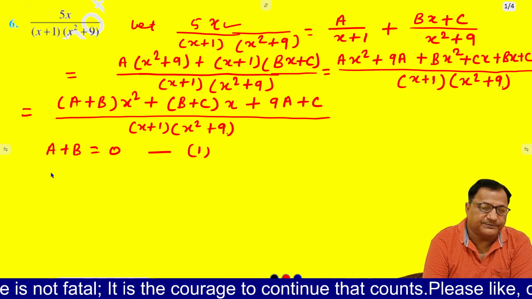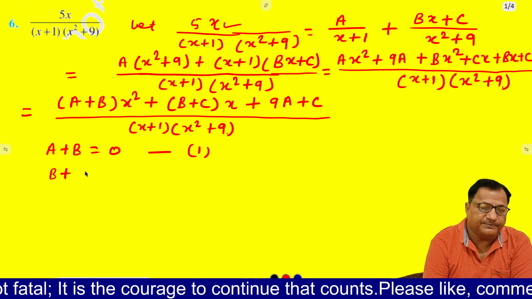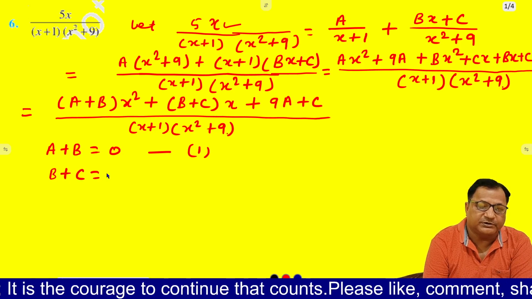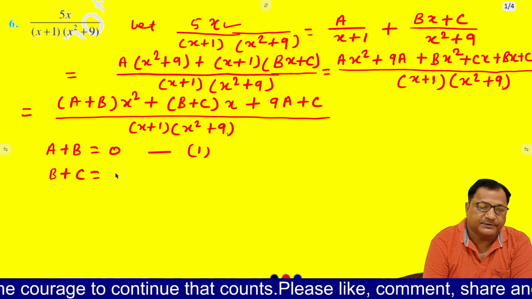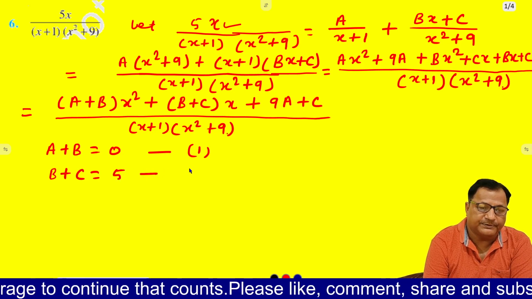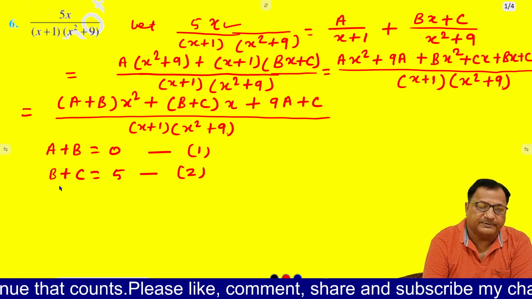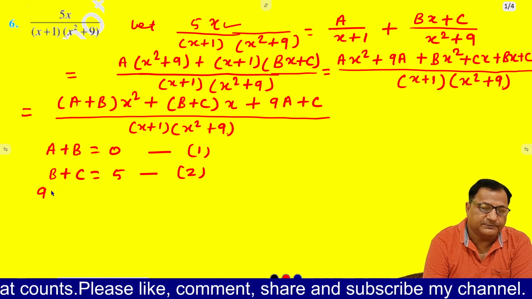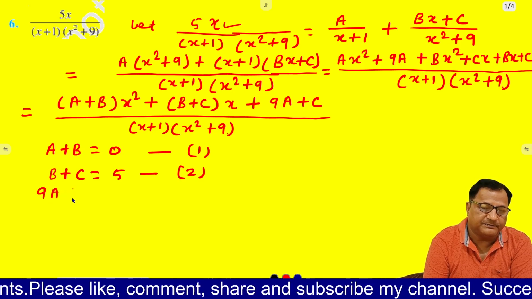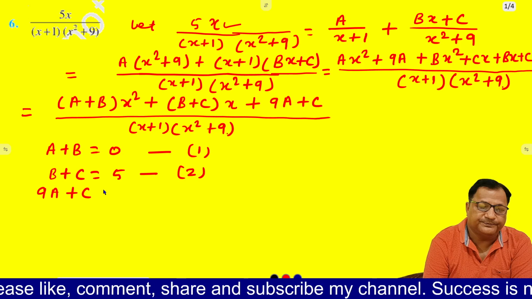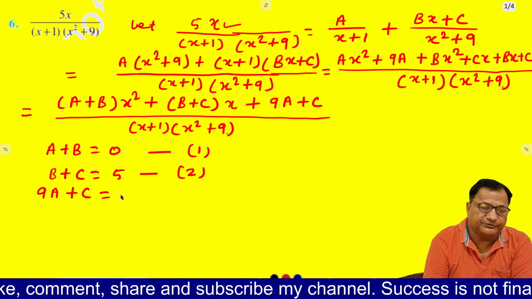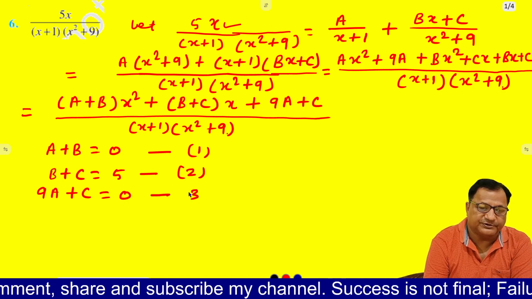B plus C is equal to 5, number 2. 9A plus C is equal to 0, number 3.